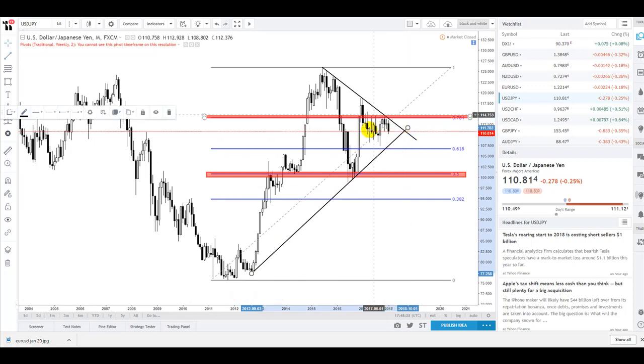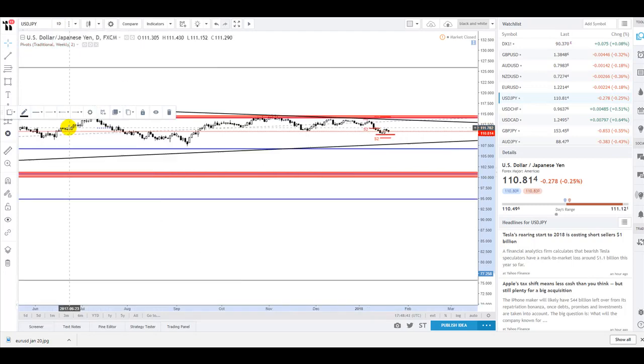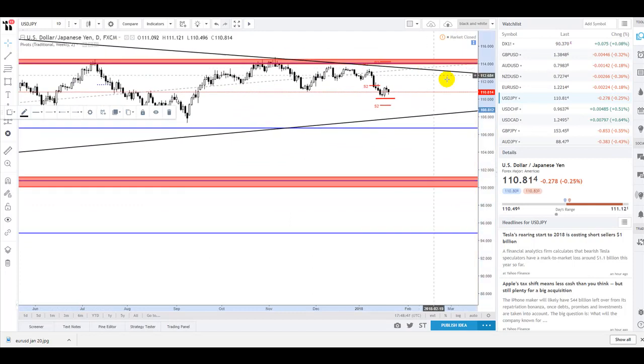So basically this market is moving into a tighter space. Okay, so this is something that we want to have a look at on a smaller time frame to see if we can see any of the structure points on how we can take advantage of this market. So let's drop down to the daily and see if there's anything that stands out.